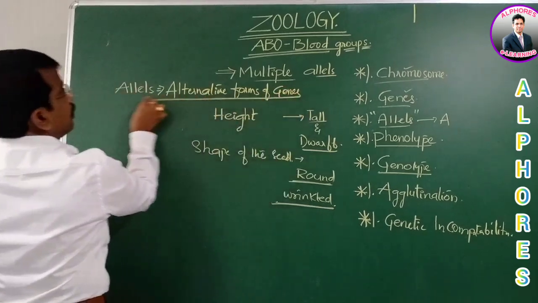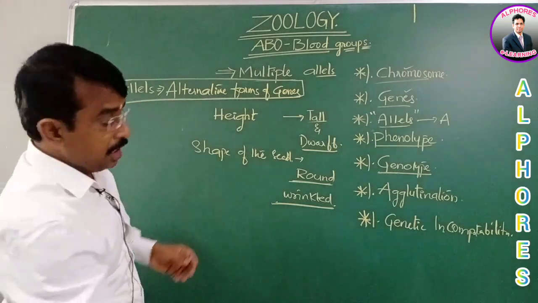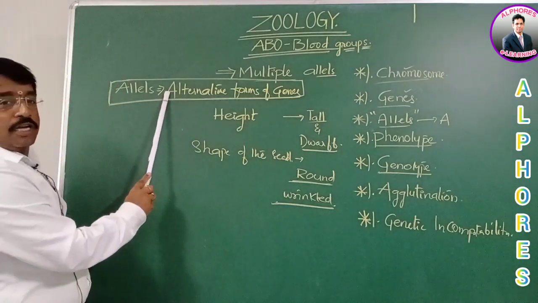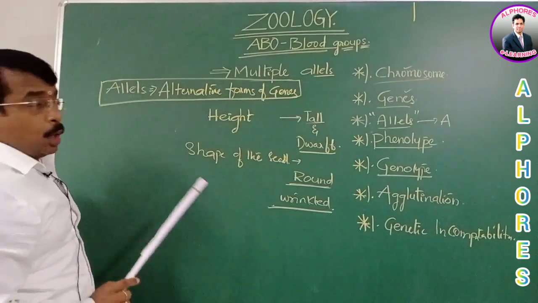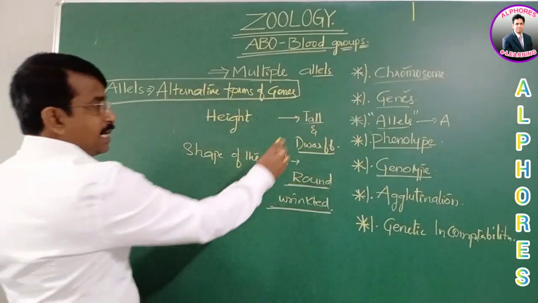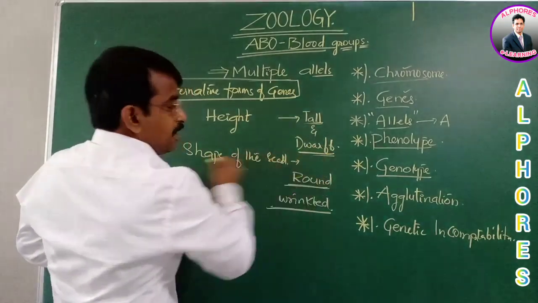Which means a character has a dominant trait and a recessive trait.